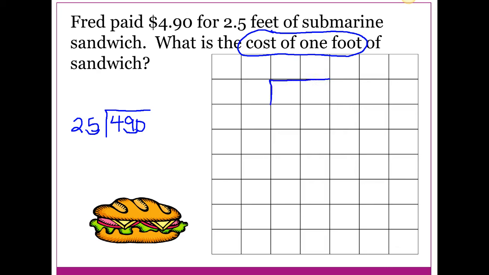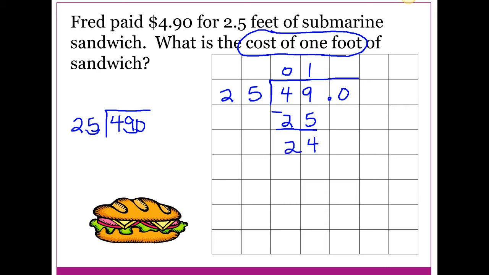I have 49.0 divided by 25. We're working with money here, and we know that 2 quarters is 50 cents, so 25 will go into 49 only one time. I'll put my placeholder there. 1 times 25 is 25, and then I will subtract, leaving me with 24.